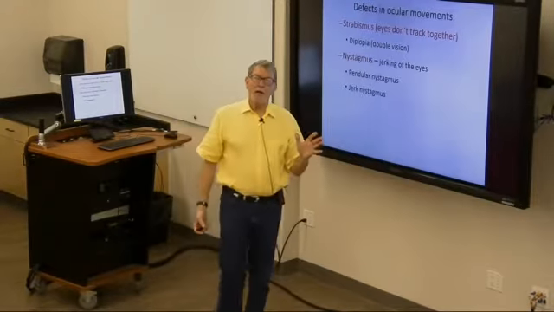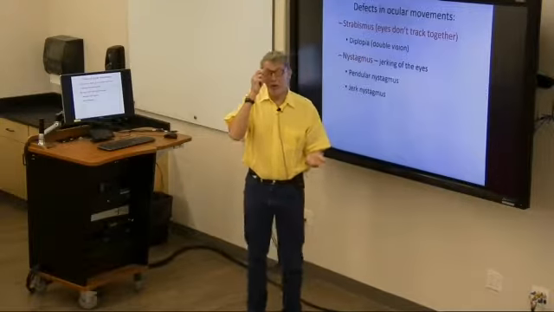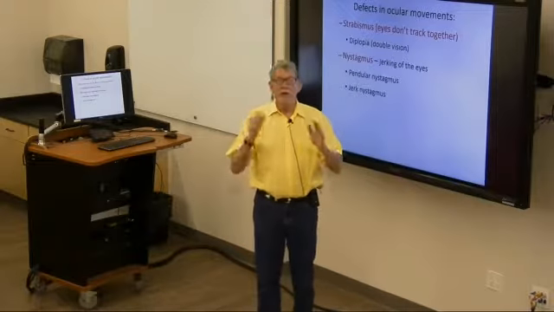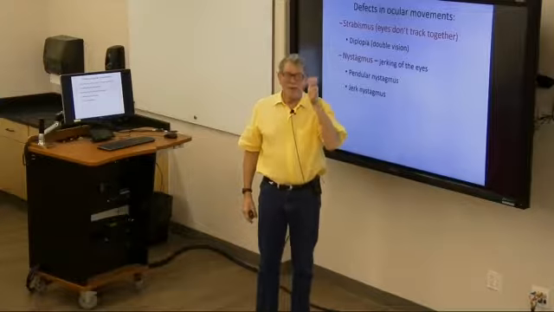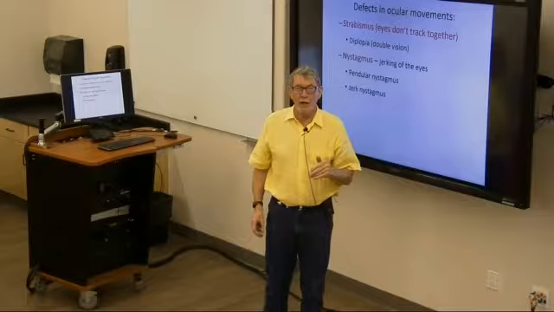So, talking about some of the defects that can occur, first of all, we'll talk about a couple of eye tracking defects. So, very mechanical here. If one set of muscles pulls harder than the others, your eyes aren't going to point the same way.